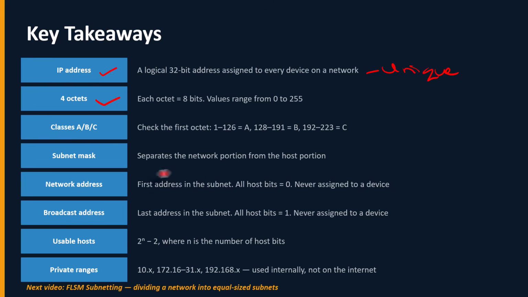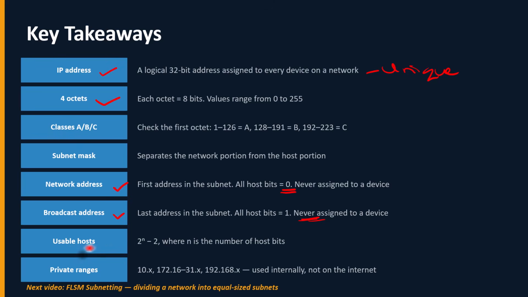We have the network address, the first address in the subnet, used to identify the network itself. All its host bits are zeros, and we can't give it to any device. The broadcast address is the last address in our network, where all host bits are 1, and we also never give it out to devices.